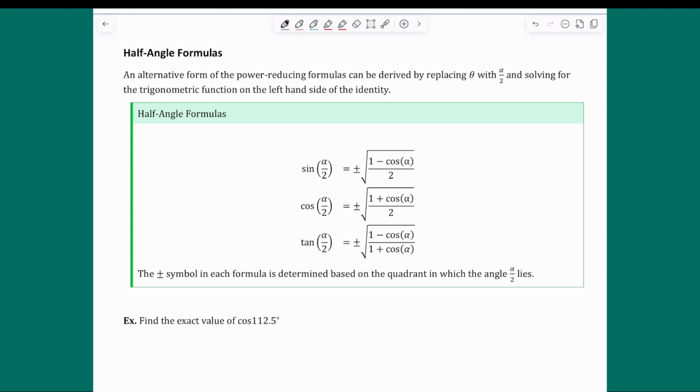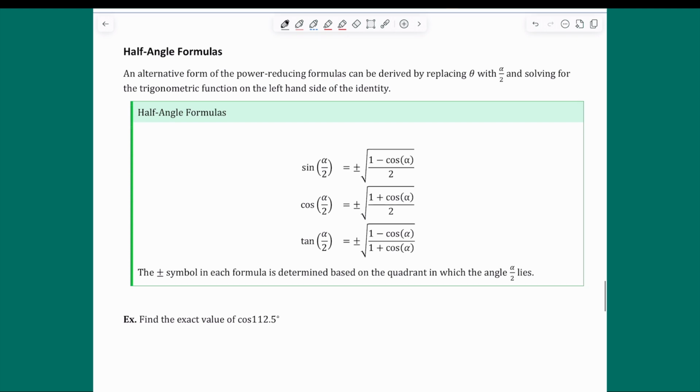Cosine of alpha over 2 is equal to plus or minus the square root of 1 plus cosine of alpha over 2. And then tangent of alpha over 2 equals plus or minus the square root of 1 minus cosine of alpha over 1 plus cosine of alpha. You have to determine the sign depending on where the angle alpha over 2 lies, and that helps you decide the sign.